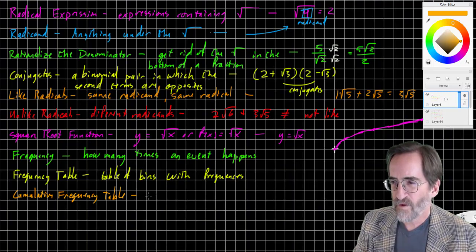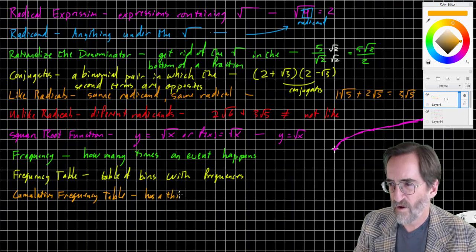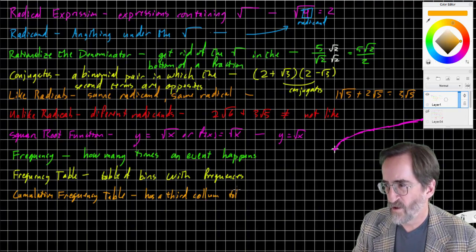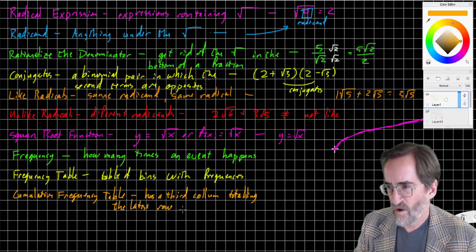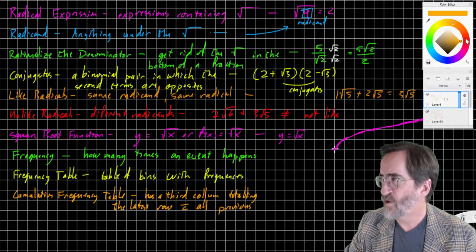As a third column, totaling the latest row with all previous rows.